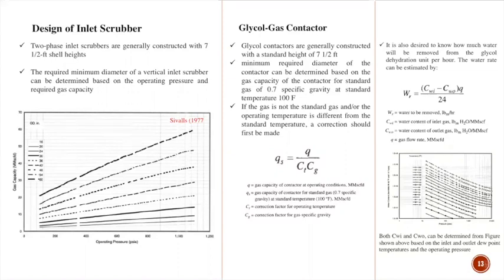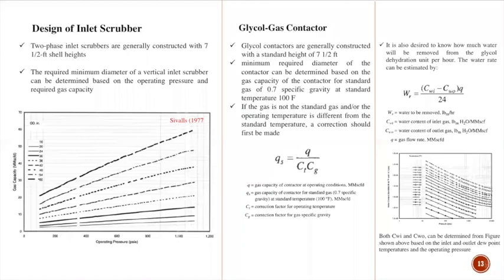Once the height is specified, the diameter has to be specified, right? This chart by Sivalls 1977 shows that if you know the gas capacity, that is, the gas coming in MMSCF per day, and if you know the operating pressure, by using this chart you can find out the diameter of the scrubber that is being used at the inlet, right?